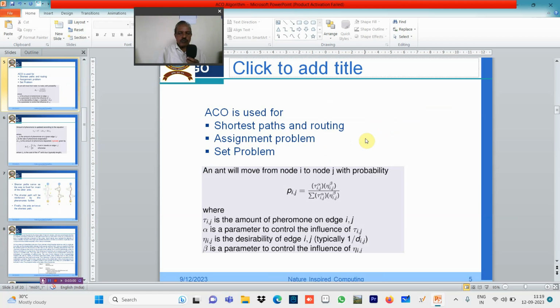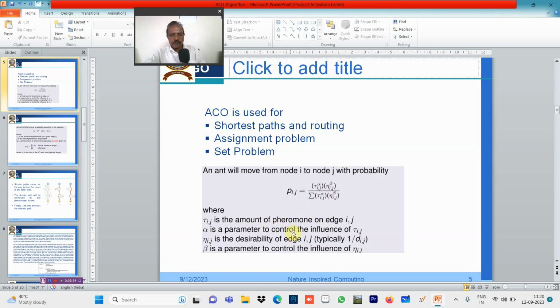An ant will move from node i to j with a probability P_ij, which is tau_ij to the power alpha times eta_ij to the power beta, divided by the summation of tau_ij to the power alpha and eta_ij to the power beta. Let us see the terminology. Tau_ij is the amount of pheromone on the edge between i and j, the chemical ejected by the ants.